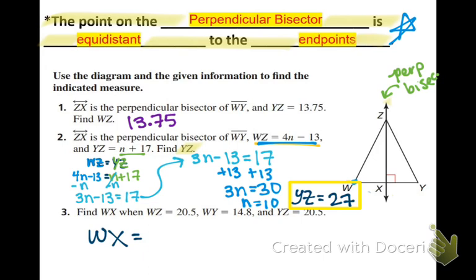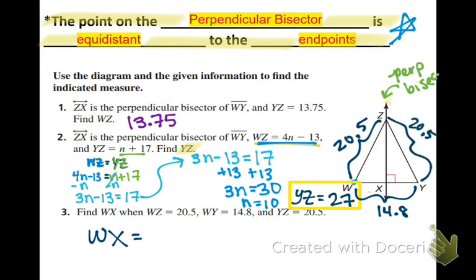When WZ is 20.5 and WY is 14.8 and then YZ is 20.5. So we want to find WX.